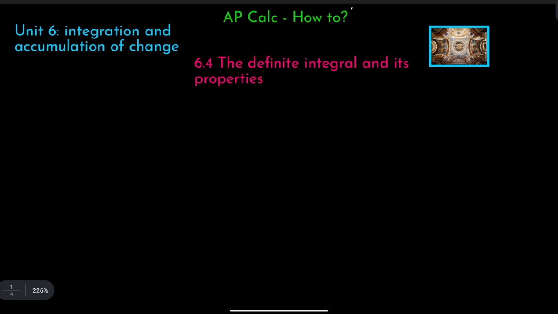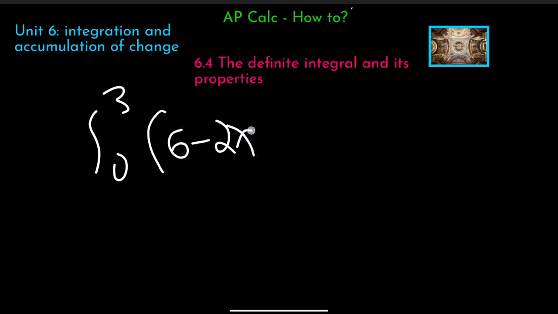So let's go over example 1. If we have the integral from 0 to 3 of 6 minus 2x dx. Using geometry, we can see that this is a straight line function, forming a triangle. At x equals 0, the height is 6.